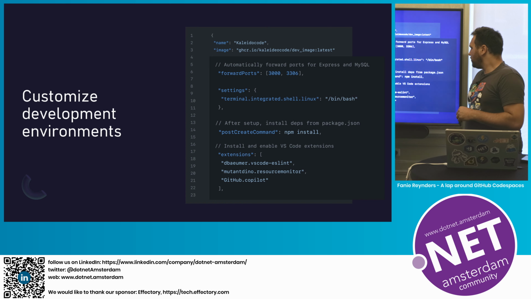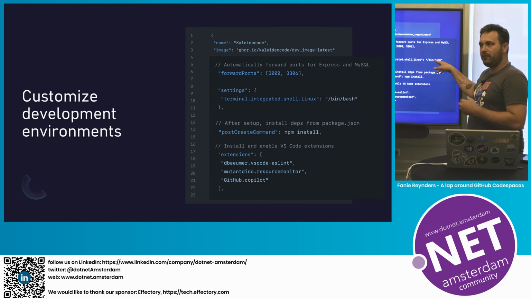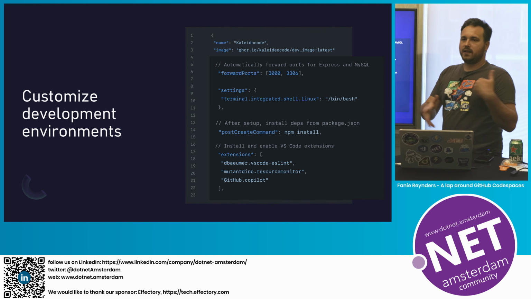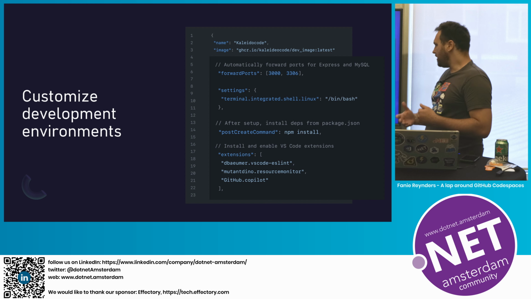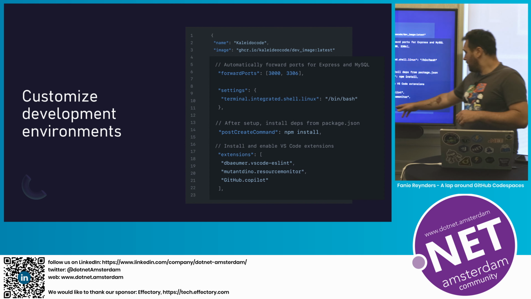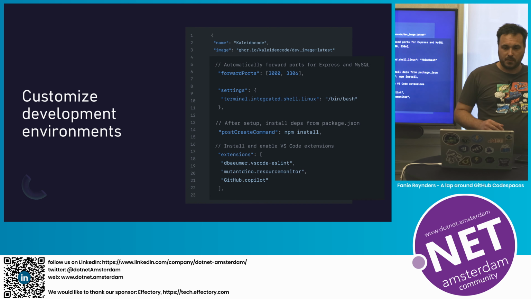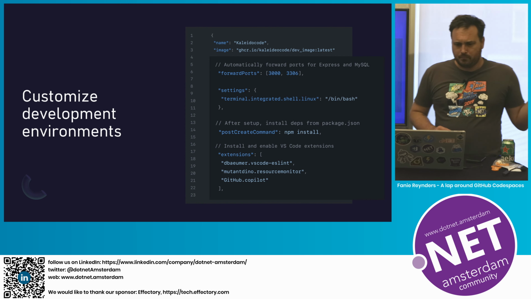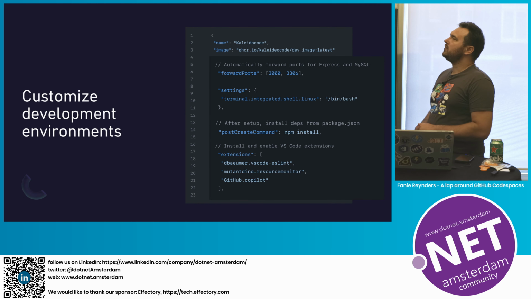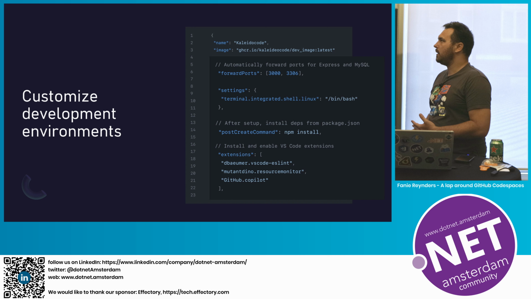You can configure forwarded ports if you want to. You can set your settings. That's default for this. So in this case, they set the shell. Whoever clones this, it will be bash, right? You have a post-create command, for instance, that is what it needs to do when it's done. So there's a lot of lifecycle events. And then there's a bunch of extensions, which is powerful because Copilot is awesome, and I spoke about my previous demo I gave last month at the Amsterdam meetup.